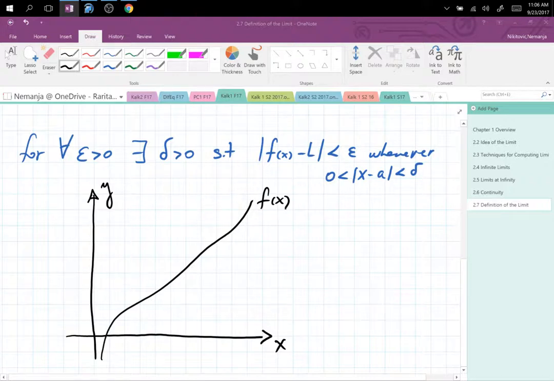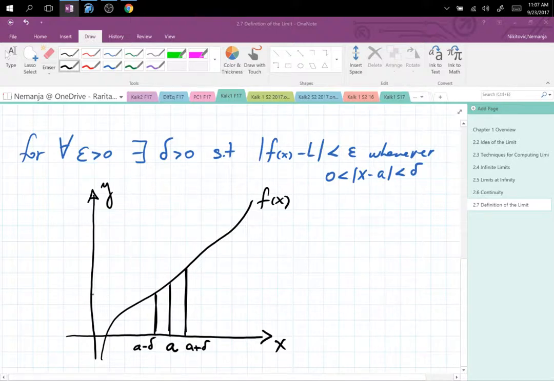And what I'm going to do is show a. So take this value here. This is my value a. And then this is a plus delta and a minus delta.